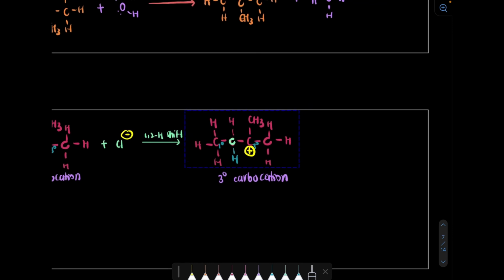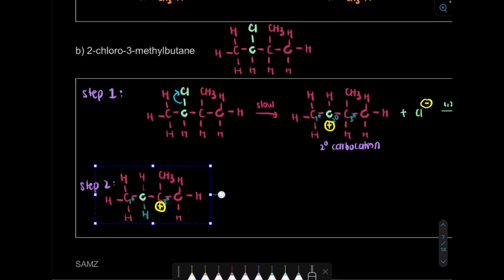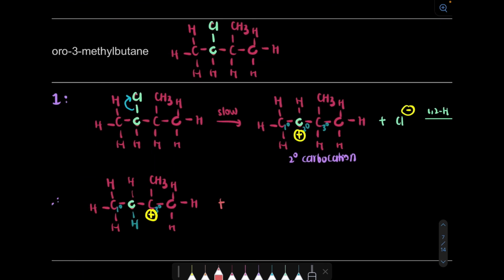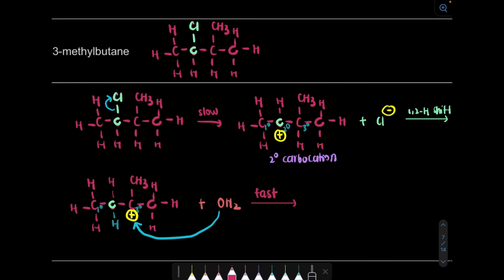Okay, so I'm just going to copy paste it here. We're going to react it with water. But this time around, I don't want to do any expanded version. We have to show the electron movement from oxygen to the carbon, from the electron-rich to the electron-poor species. So this is a fast reaction.